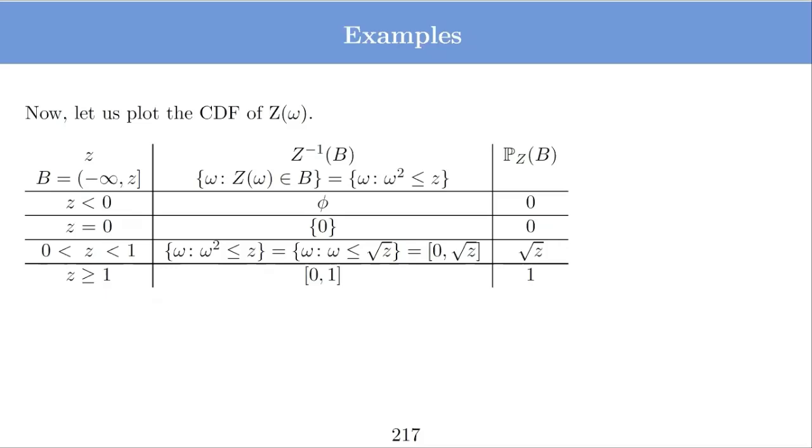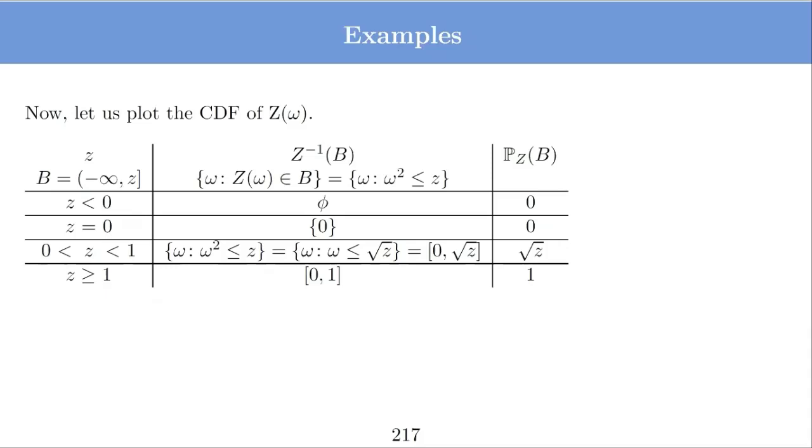So omega is less than or equal to root z, and omega needs to be greater than 0, and root z is less than 1. So taking these three conditions, this set will be equal to the closed set from 0 to root z. So the probability of this set will be root z from the Lebesgue measure.